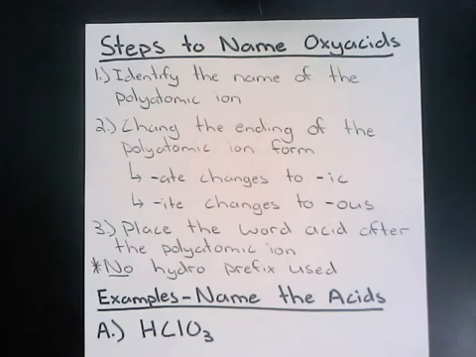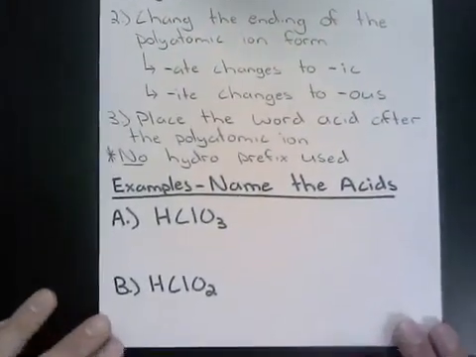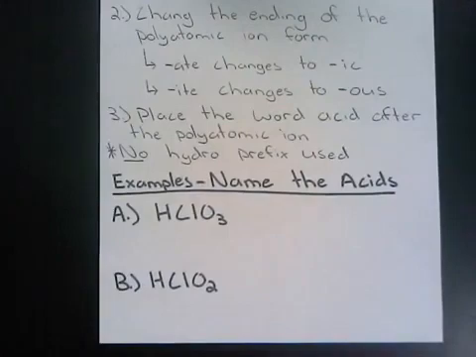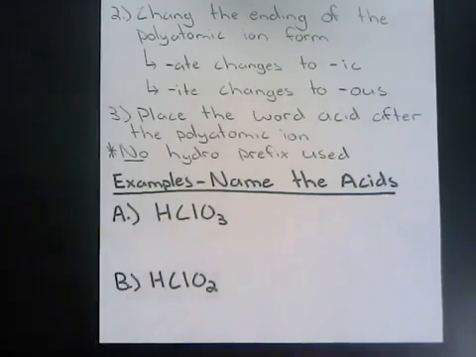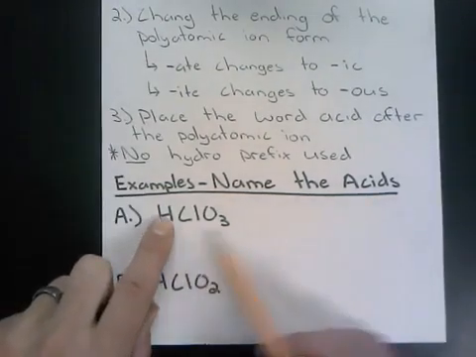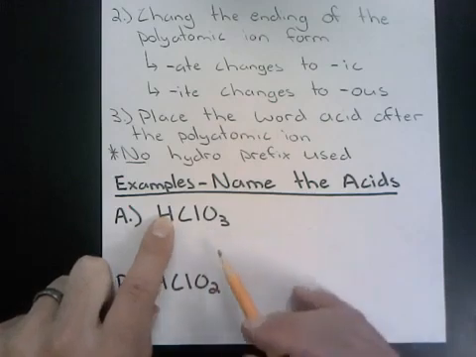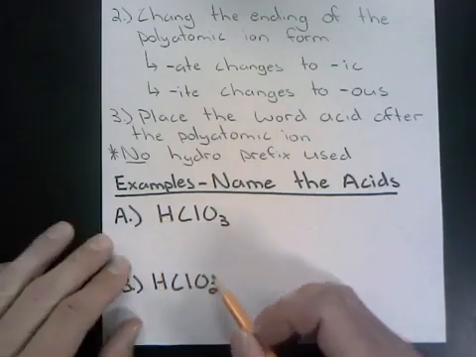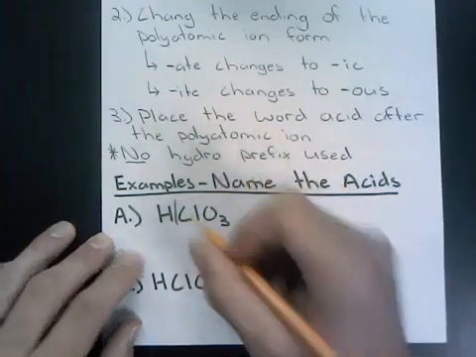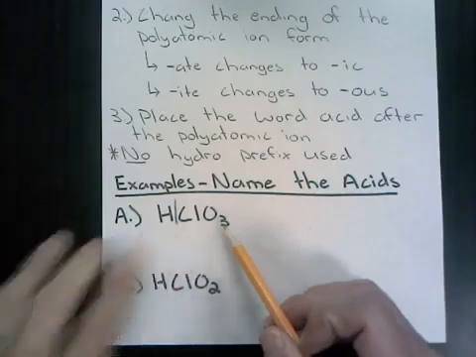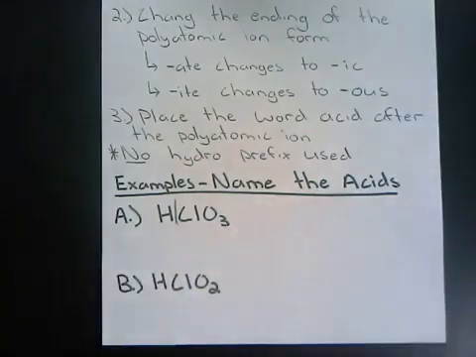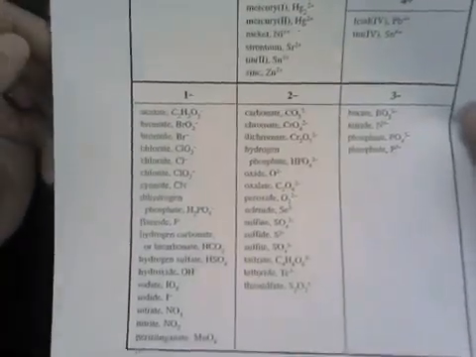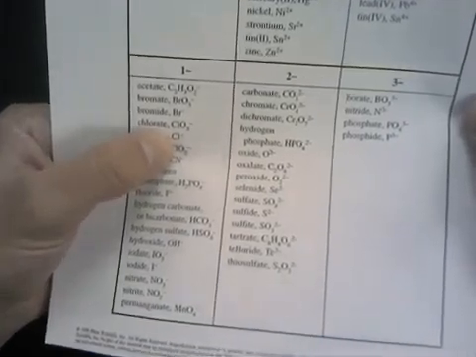All right, so let's go ahead and try some examples. So we have HClO3. How do we know it's an acid? Got that H, that hydrogen, out in front. So what we need to do, notice how there is H and a bunch of stuff behind our H. That indicates that that is a polyatomic ion. So what I like to do is just divide this, and then on your ion sheet, we are going to look for ClO3. ClO3, we find it here. The name is chlorate.